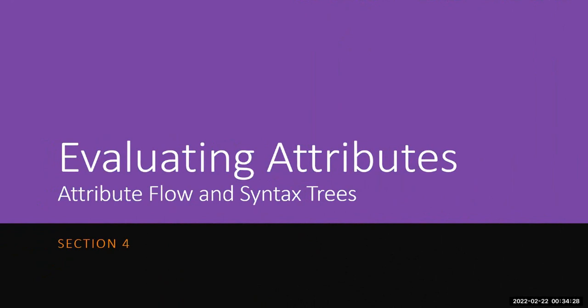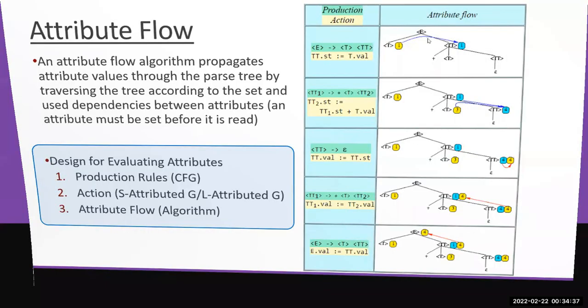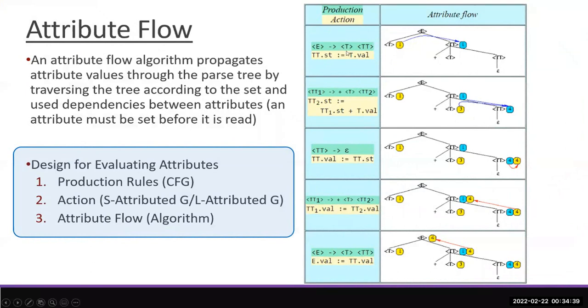Now, assuming that the attributes are well decorated onto your abstract syntax tree, with the production actions, we start to evaluate the attributes. So we will need attribute flow, and the attribute flow algorithm propagates the attribute values through the parse tree by traversing the tree. So you go down the tree step by step, based on certain rules.